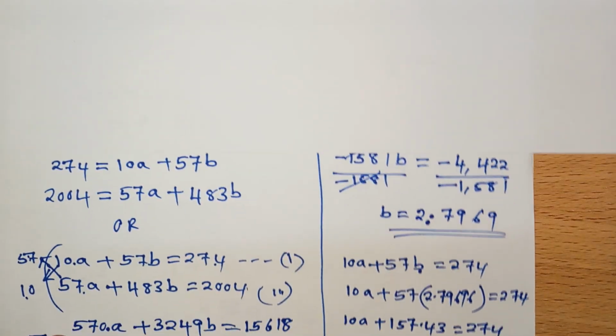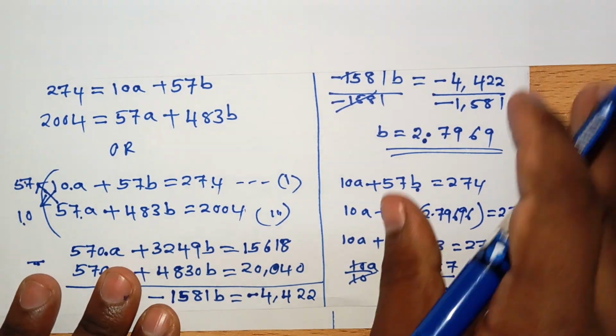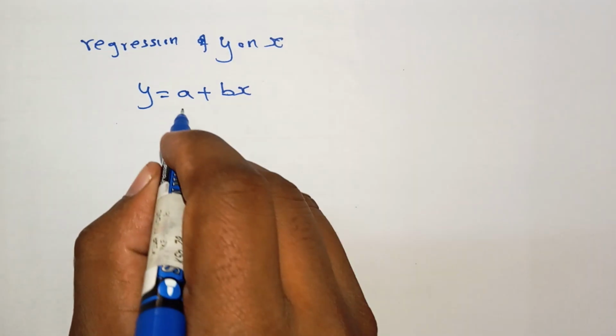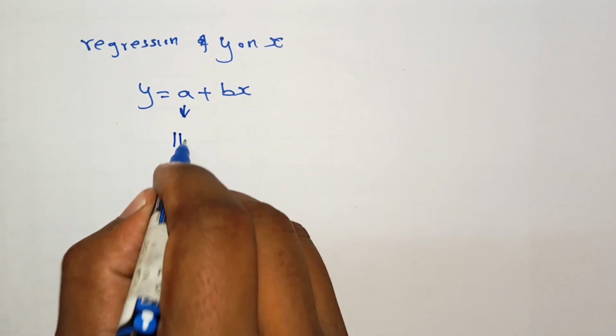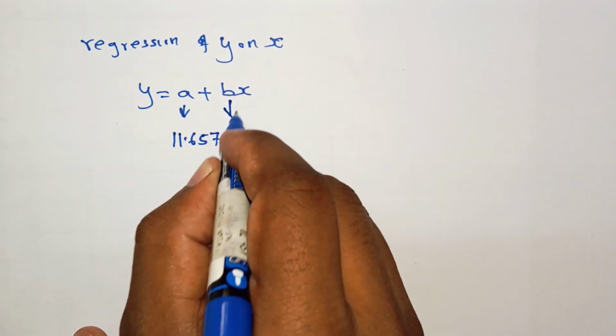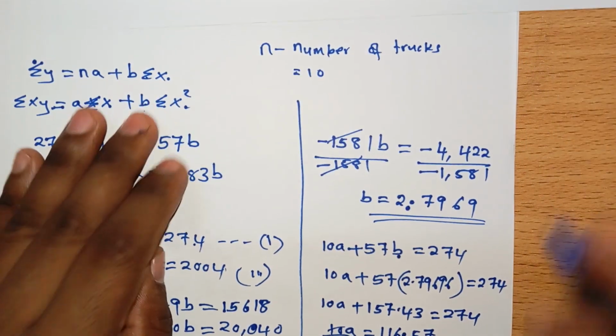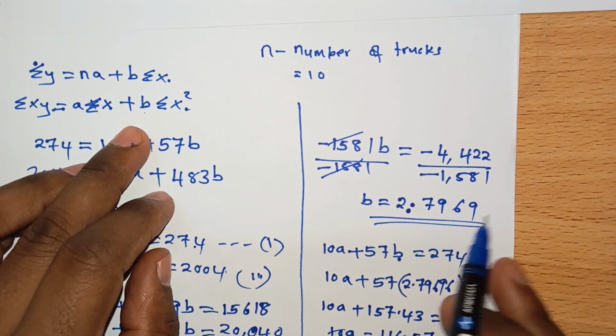We have been able to find the value of A as 11.657. Our A is 11.657, whereas our B we have been able to get as 2.7969.